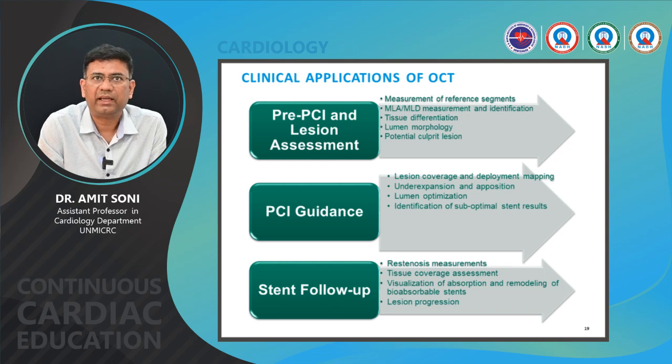During the PCI: lesion coverage and deployment mapping, underexpansion, apposition, lumen optimization, identification of suboptimal stent results. So we can take guidance with OCT, and after post stenting: restenosis assessment, tissue coverage assessment, visualization of apposition, and remodeling of bioabsorbable stent, and lesion progression.